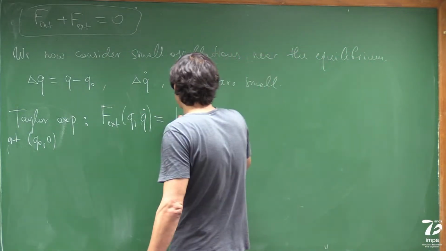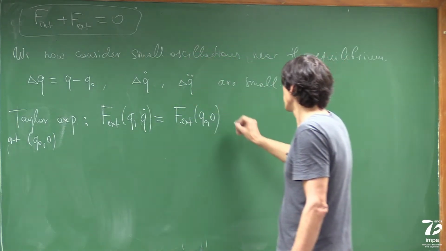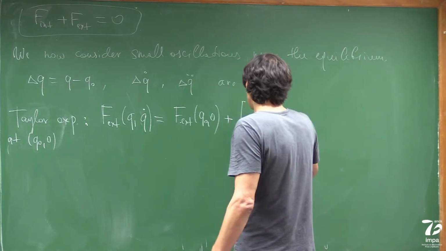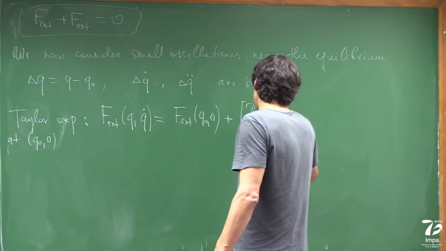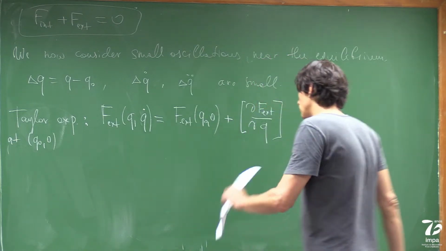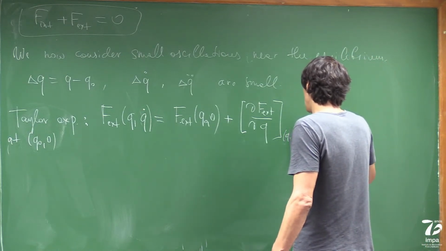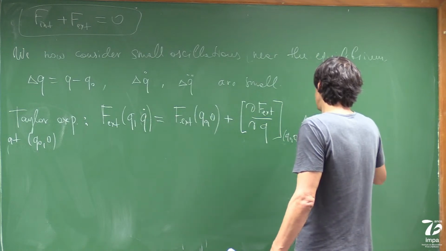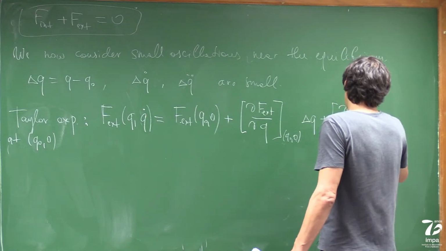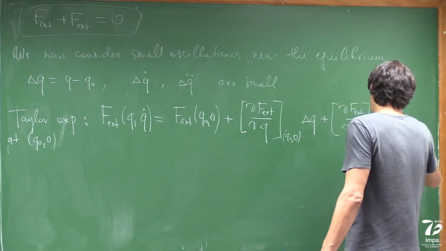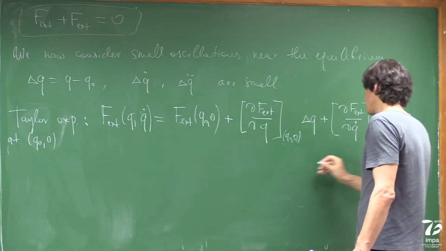It gives you the value plus, I will write, then I'll explain what it is, a Jacobian matrix, at the same point, times delta q, plus another term times delta q dot, and higher order terms.